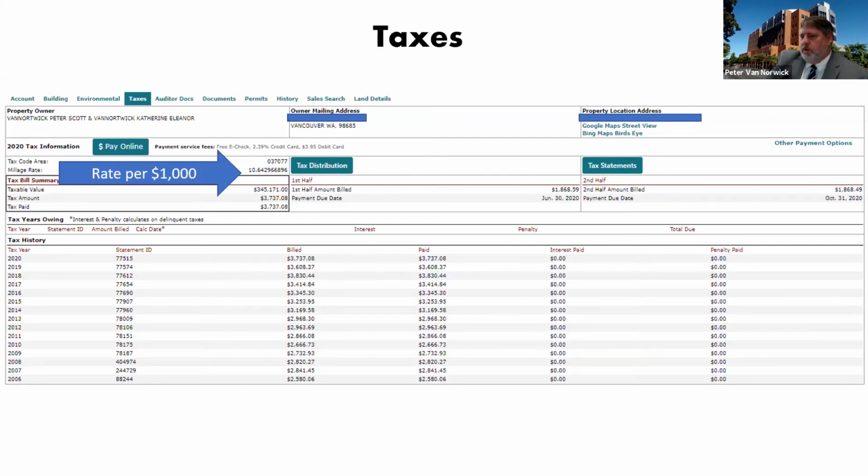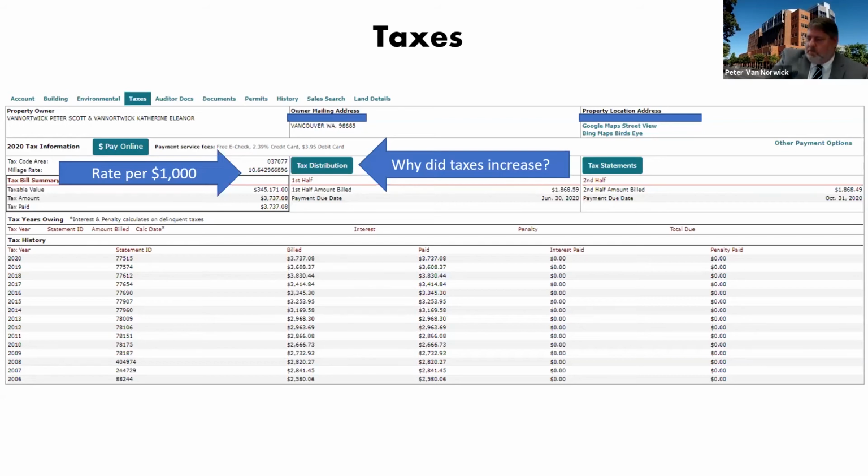But if you do want to know the exact mill rate, there are other documents that we have. Like I said, usually the easiest way is to find a property that's taxed close to it on a map, click on it, go to the taxes page and find out what the mill rate is for that taxing district.